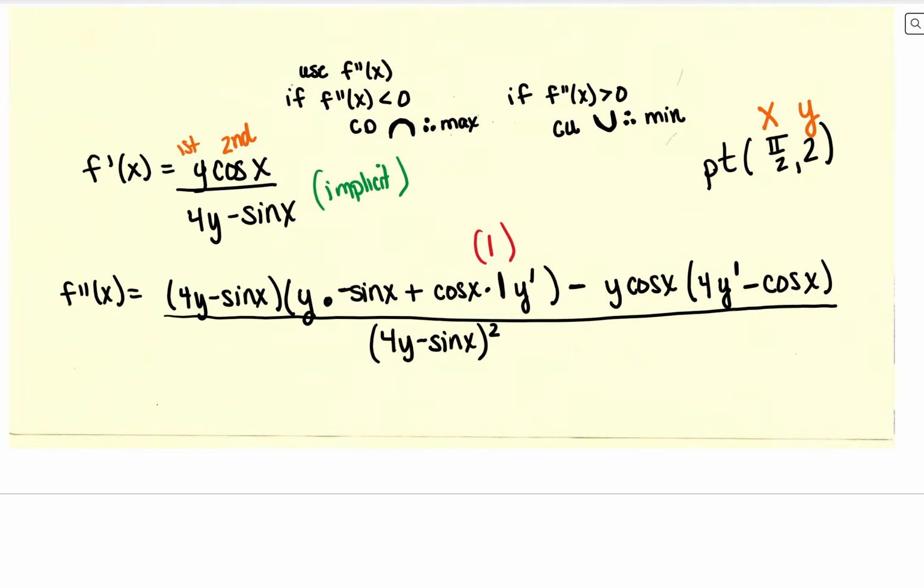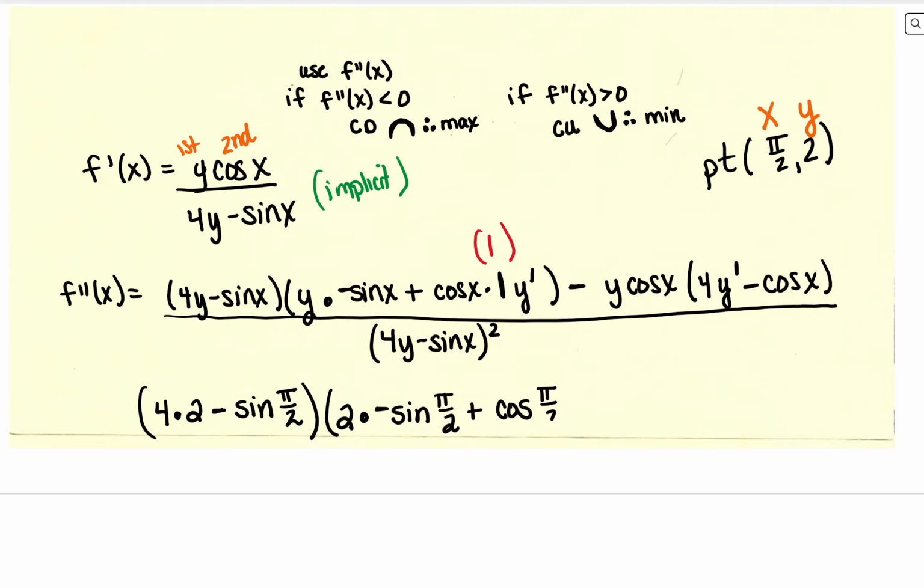So I will say 4, but where that y is, I'm going to put a 2. Minus the sine, but where x is, I'm going to put in pi over 2. Then here, where the y is, I'm going to put in a 2 times negative the sine of pi over 2 plus the cosine of pi over 2 times y prime.